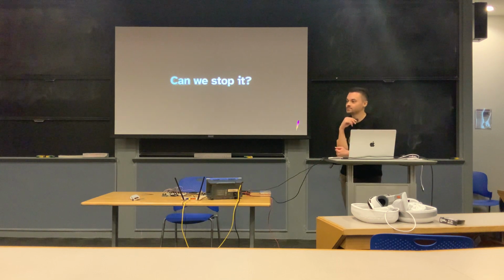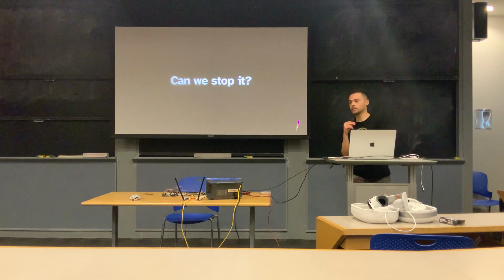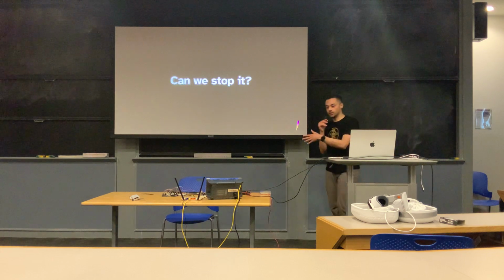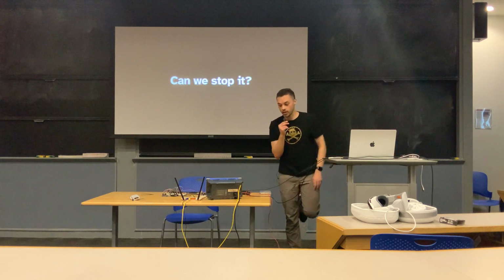Yes? How could you use an attack like this to get information from the chip? Because here you preloaded it with something, it's going to glitch, and then we'll see this last line. But how could you use it on something that already has its own firmware on it? Excellent question. The question was how can you use this in a real scenario to get information leakage.